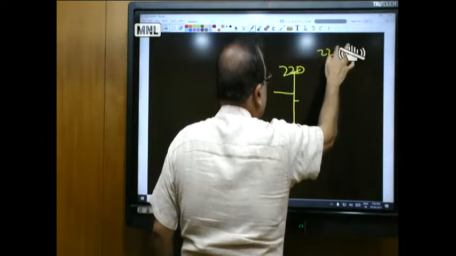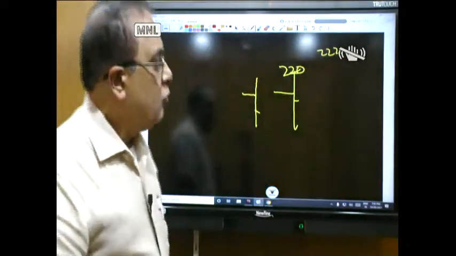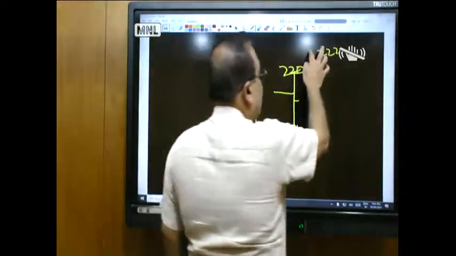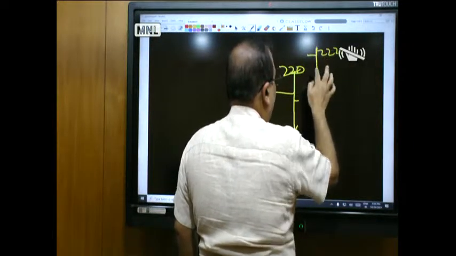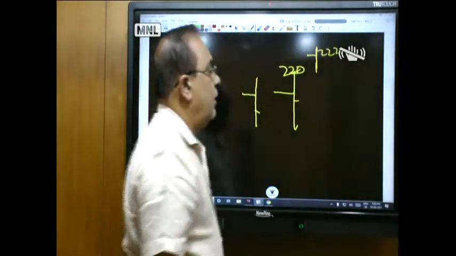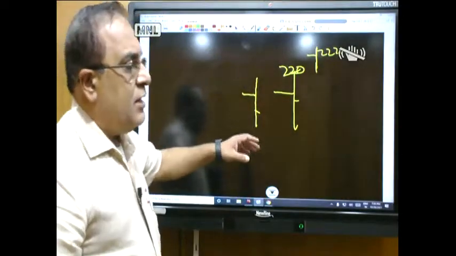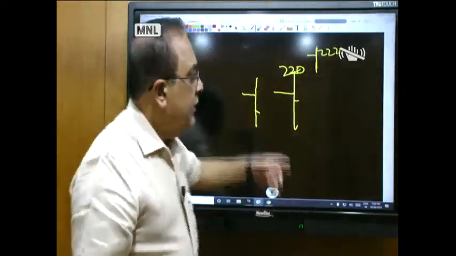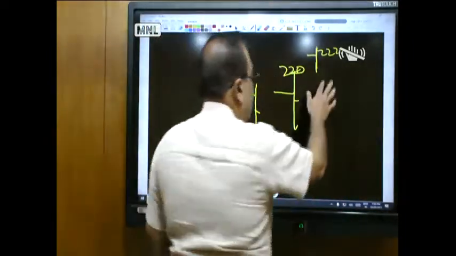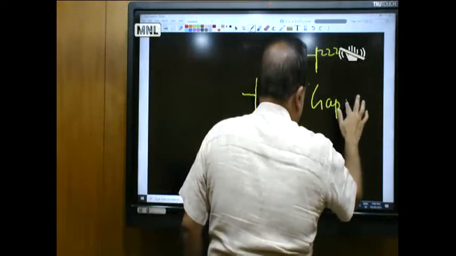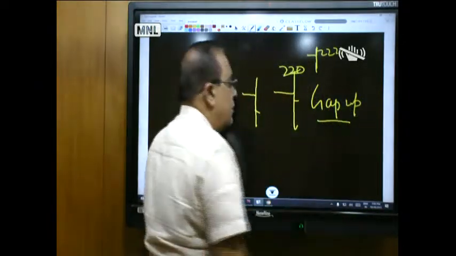So it opens at 222 and gaps a little higher. Then probably we may have some fall also, that's also a possibility. So here, what we see is that the opening price itself is higher than the previous day high. If that happens, then we call it a gap up. Many days we can see these things happening.